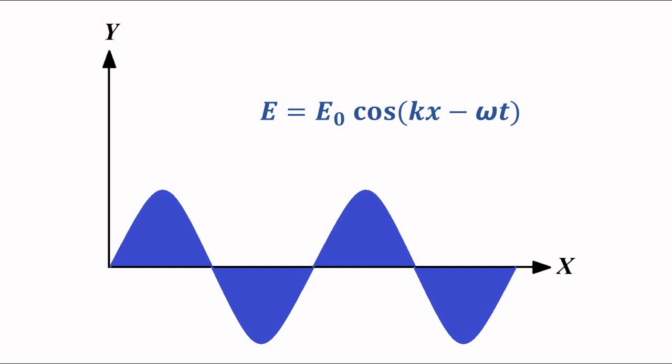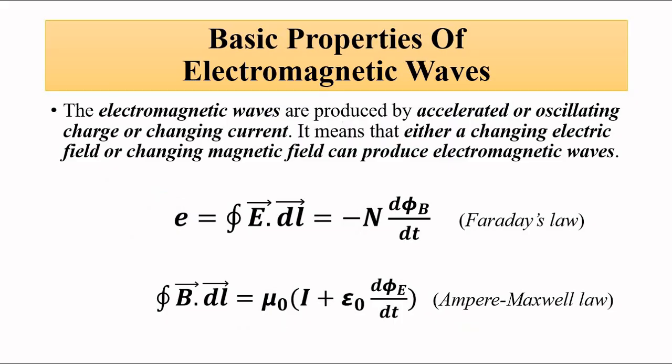Now, some of the basic properties of electromagnetic waves. So first, as I said, the two fundamental laws, Faraday's law and Ampere-Maxwell law, which was previously the Ampere circuital law. Maxwell introduced the concept of displacement current, and then it became the modified Ampere circuital law or Ampere-Maxwell law.